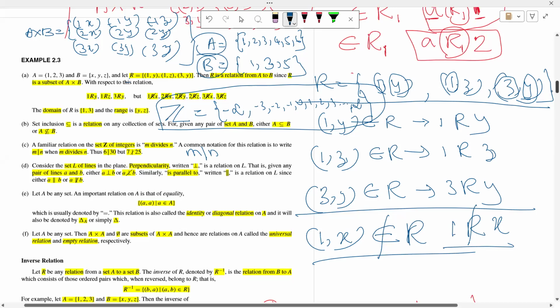We need to find out which M and N divide, what are the possible values M can divide N without any remainder. Take M as 10, 10 divided by 2, it is possible, right? But 7 divided by 25, we cannot divide without any remainder.